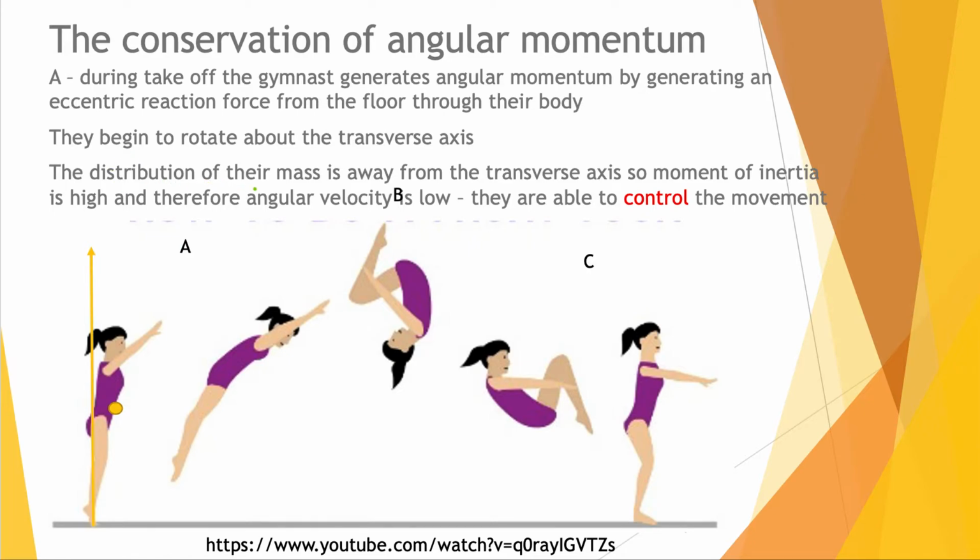The distribution of her mass is away from that transverse axis, so moment of inertia is high, and therefore angular velocity is low because angular momentum is a conserved quantity. This means for the gymnast that she is able to control her takeoff.